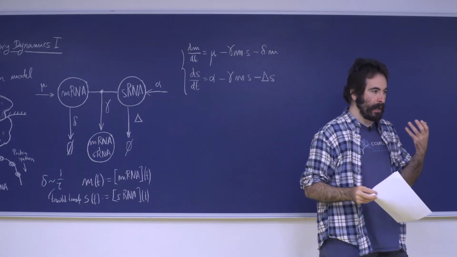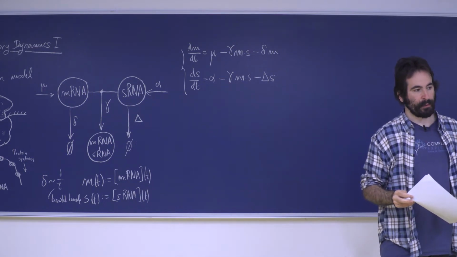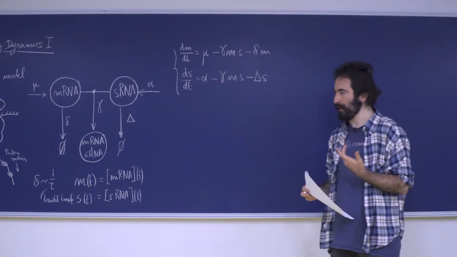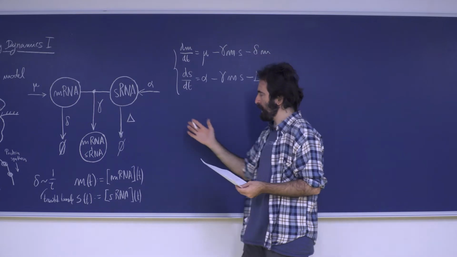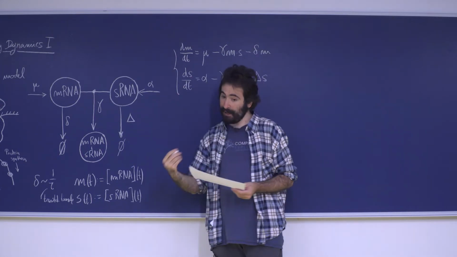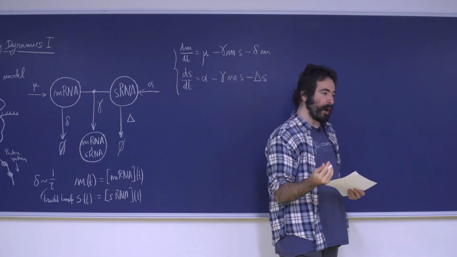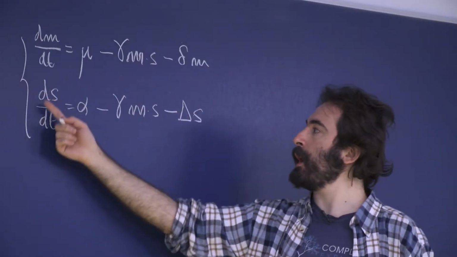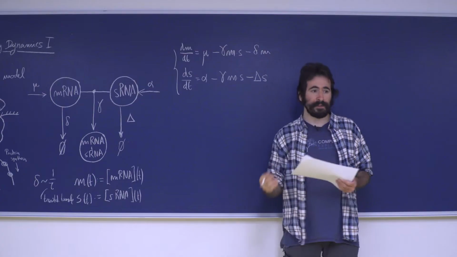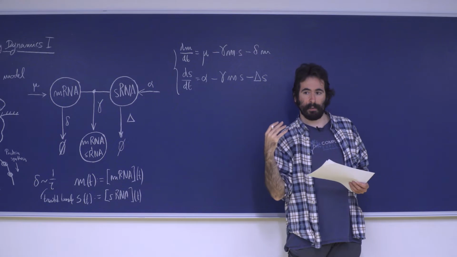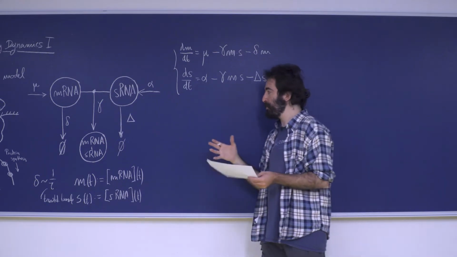And there's now a very important assumption that we are taking, which is the following. Because sRNA is a much smaller molecule and it decays faster, we could argue that this equation, the second one, is going to equilibrate very rapidly. We've seen other examples where we explored this.